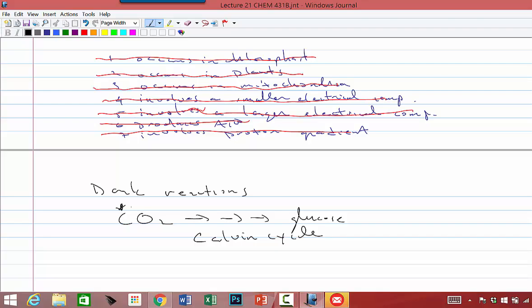I don't think you need to memorize this, but all I would like you to know here is that some of these glyceraldehyde 3-phosphates actually have to be recycled to make the acceptor molecule, this RU5P molecule. And some of it actually goes on to make glucose 1-phosphate, and the glucose 1-phosphate eventually gets incorporated into amylose. Okay?